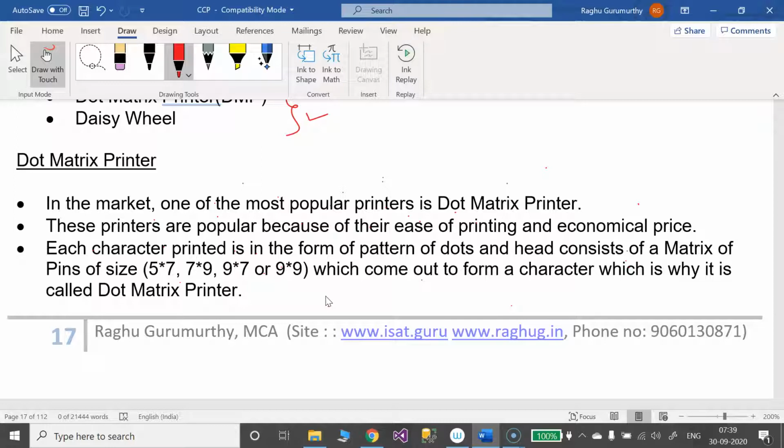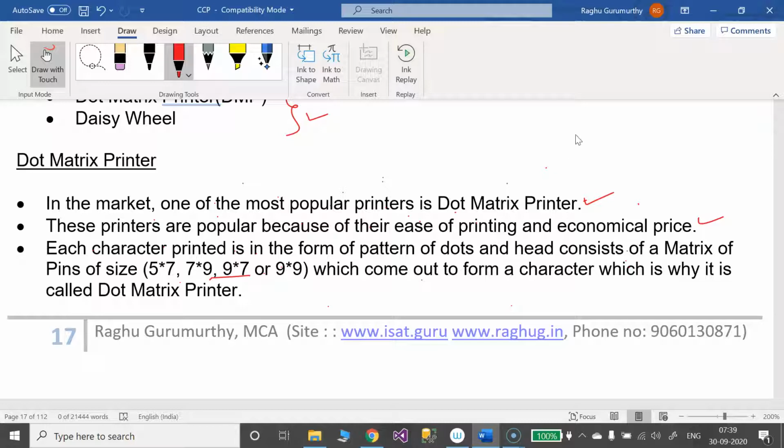In the market, one of the most popular printers is the dot matrix. These printers are popular because of their ease of printing and economical price. Each character printed is in the form of a pattern of dots, and the head consists of a matrix of pins which come out to form a character, which is why it is called a dot matrix printer.